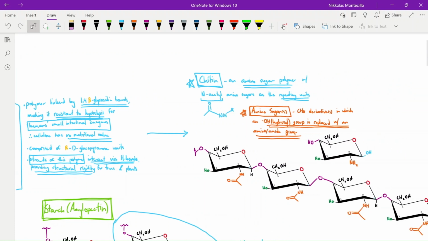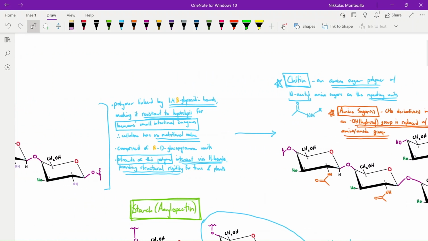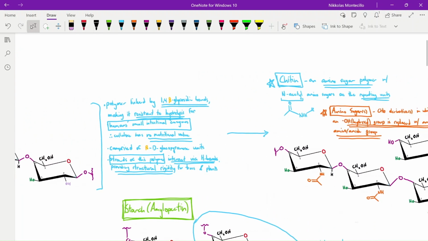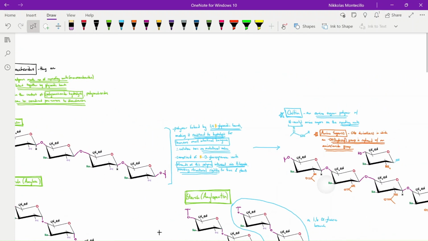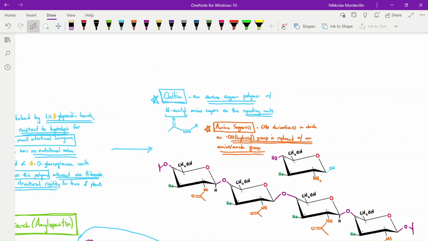Okay, now a derivative of cellulose is chitin, which has the same beta 1,4 linkage as cellulose and cellobiose by extension, but chitin differs in the sense that its units are comprised of amino sugars, right?